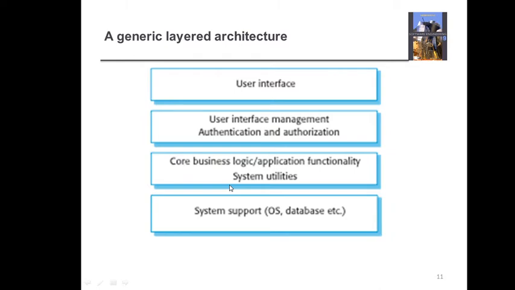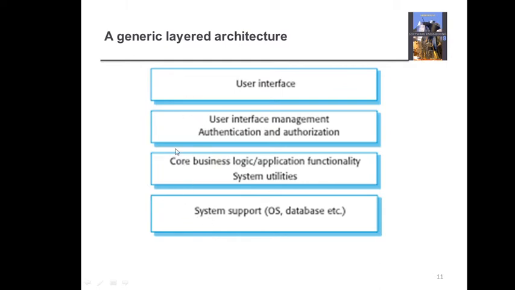The second disadvantage is we say that the lower layer provides the services to the layer above it. Now say this user interface layer directly wants the services of this OS or the database, right? So how it is done practically is it has to send the request to this layer, then to this layer, then to this layer. And the services back will be provided to this layer, then to this.